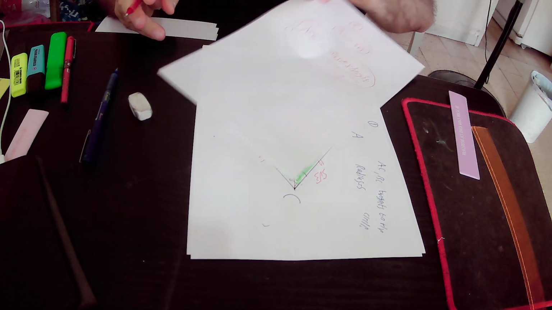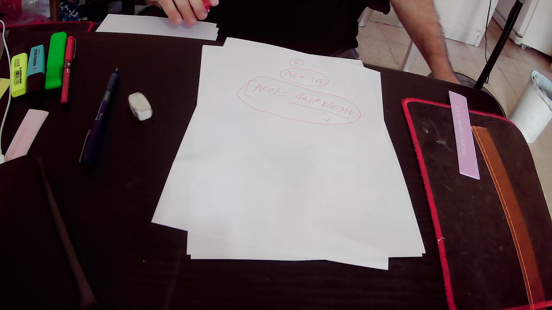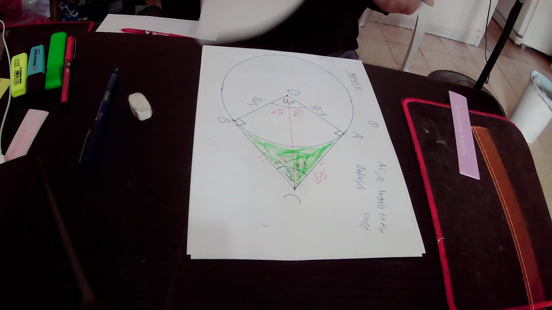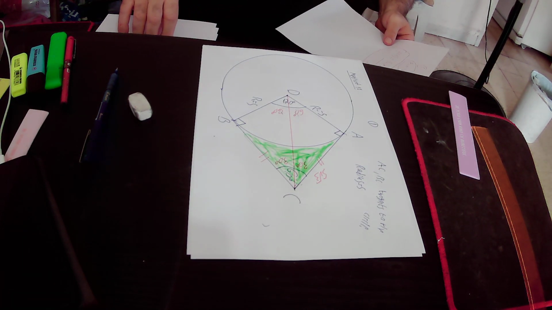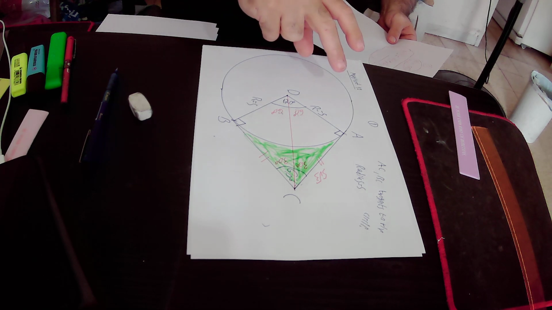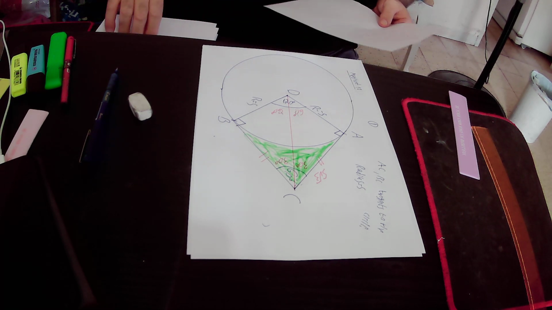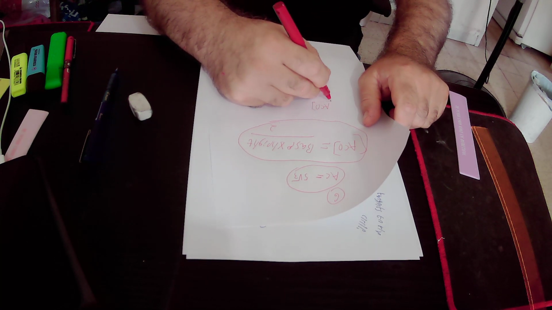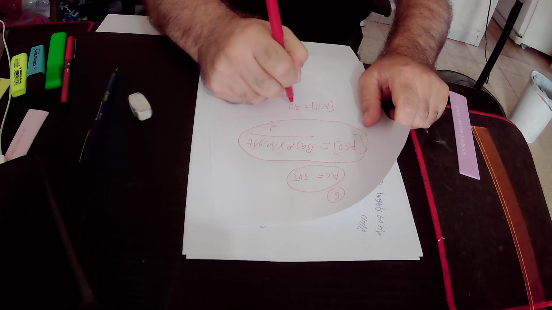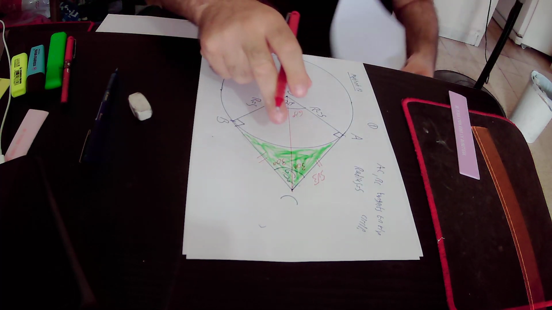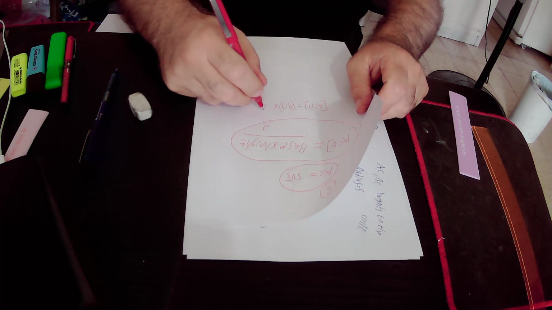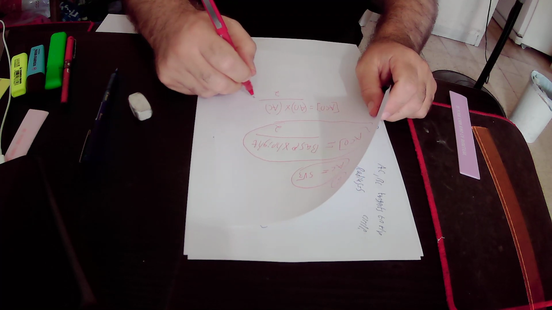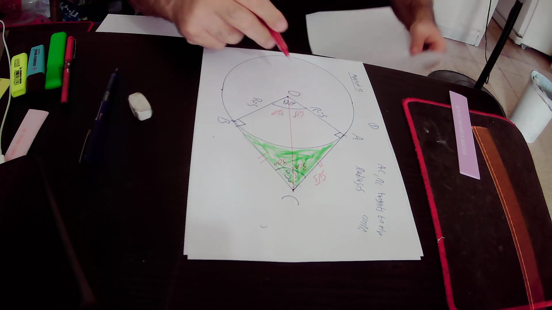Okay, the area of triangle BCO equals the base of triangle BCO times the height to the base over 2. So the base is AO. And the height to the base is AC over 2. Okay, so AO equals 5.